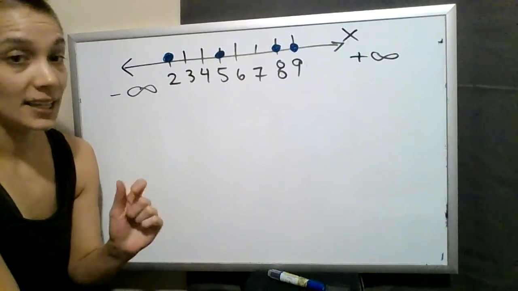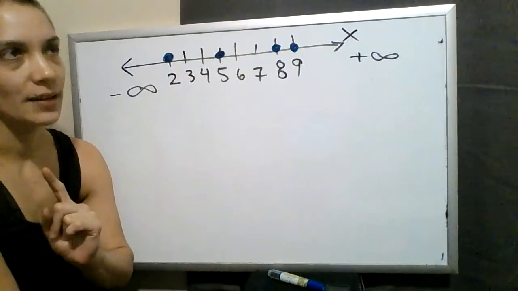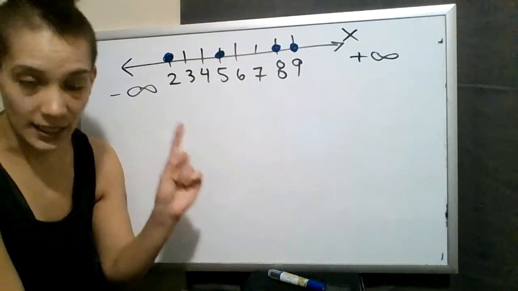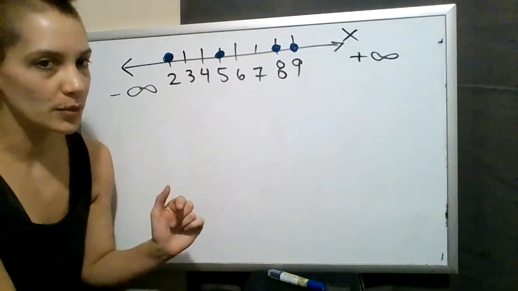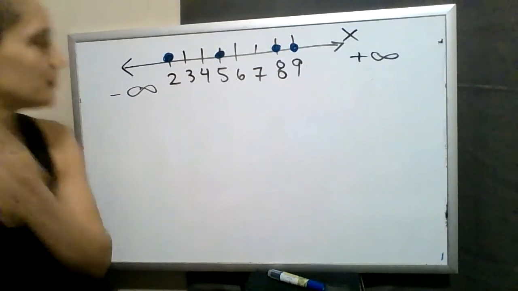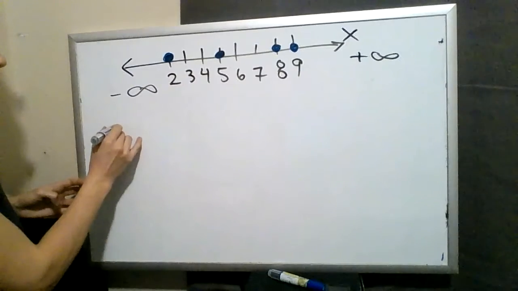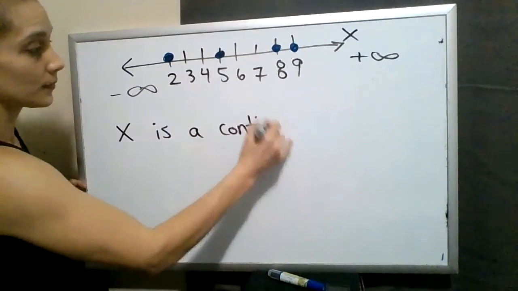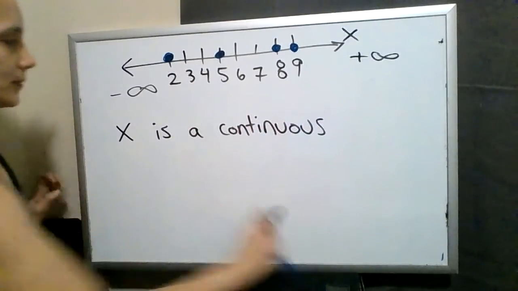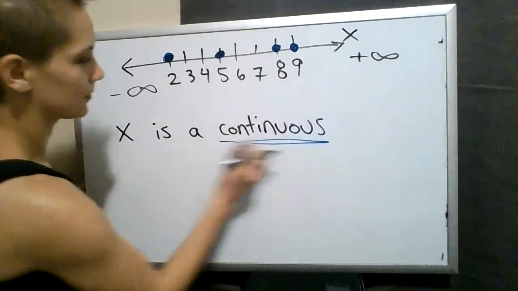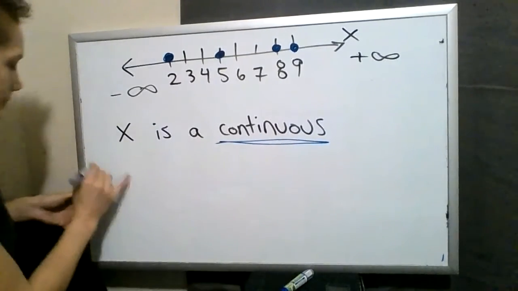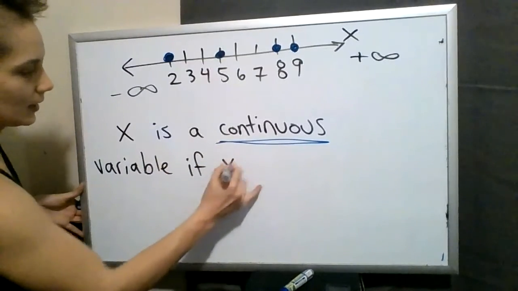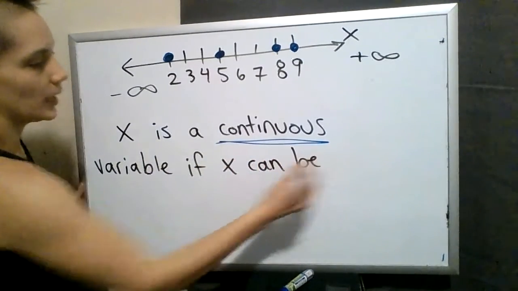A continuous variable, we're going to say it like this: x is a continuous variable if possible values of x are in an interval.